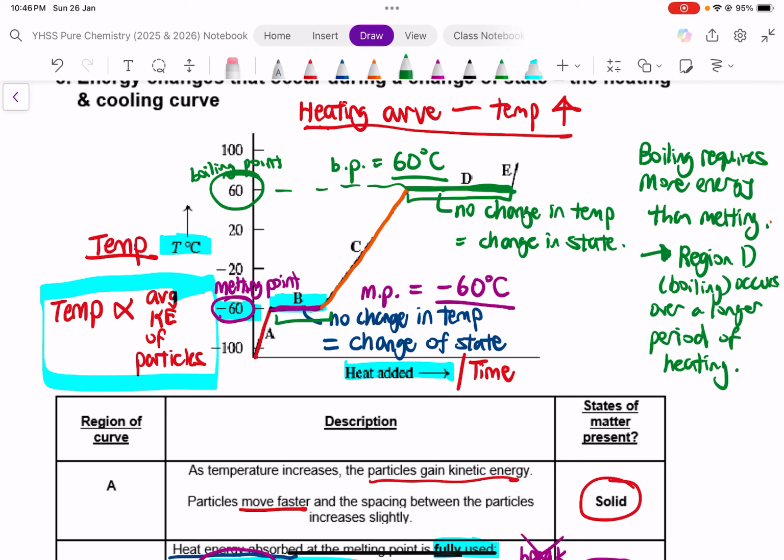You can tell that the boiling took a longer time and heating in order to be completed. And this tells you that changing from liquid to gas, boiling, will take in more energy than changing from a solid to a liquid. Okay, so not only can you get the melting and boiling points, from the length of the line segments of B and D, you can actually tell and conclude that boiling requires more energy.